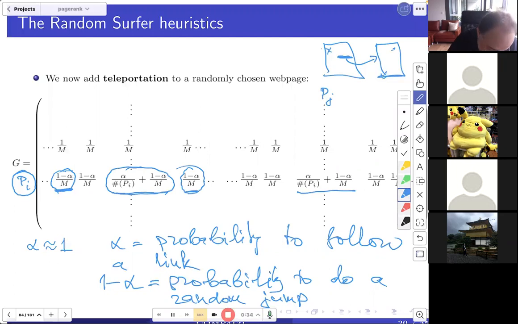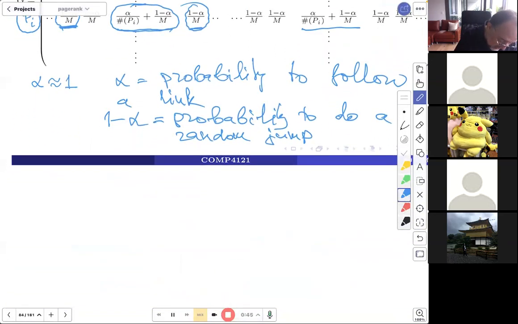And our claim is that now with this matrix, which is called the Google matrix, the equation ranks transposed equals ranks times G, this system of equations, because rows are vectors, always has a unique solution.